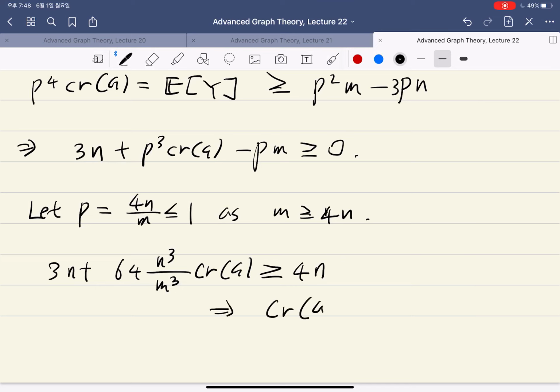So this implies that the crossing number of G is at least m cube over 64 n square. So this proves the bound that we want.